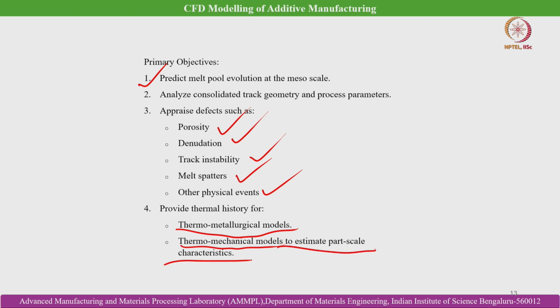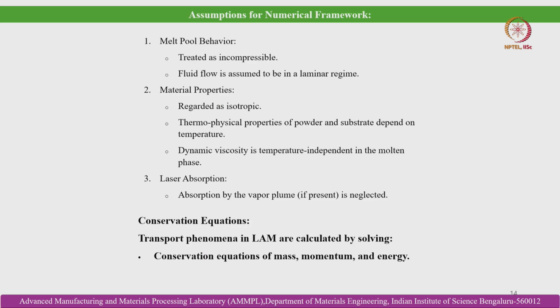These are the prime essence of developing computational fluid dynamics based numerical models of solidification transport phenomena in additive manufacturing. Okay. The assumptions for the numerical framework, number one, is melt pool behavior, which is treated as incompressible. What is incompressible? We know that density remains constant.